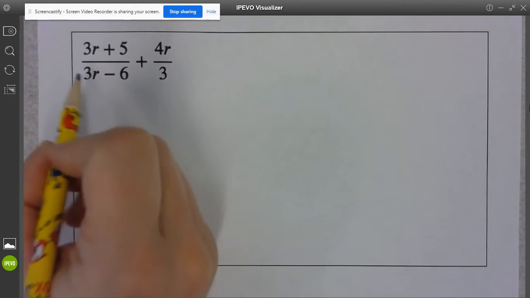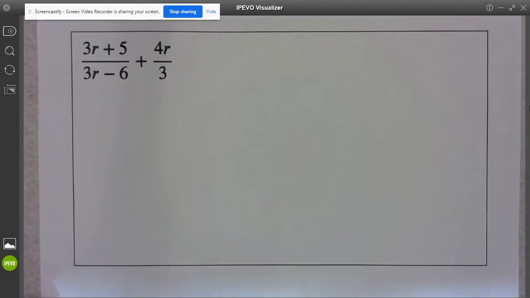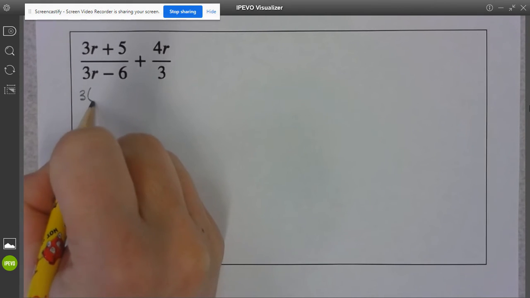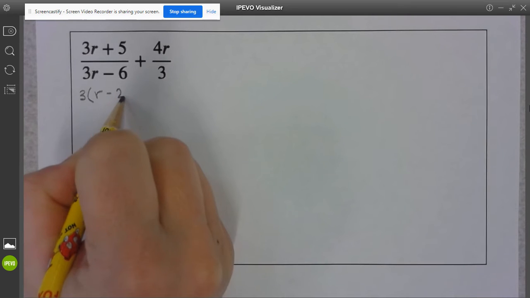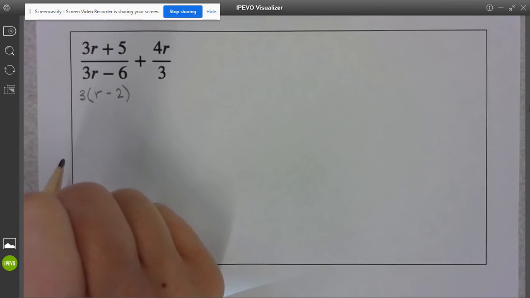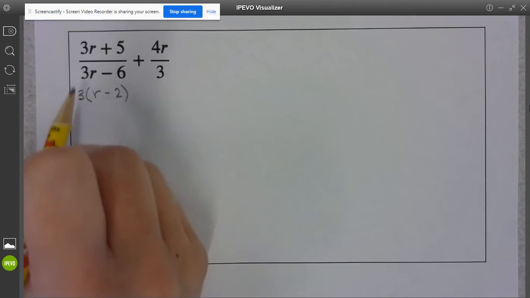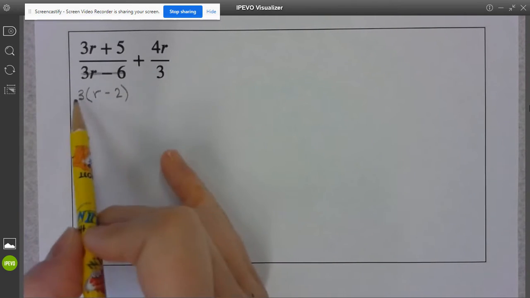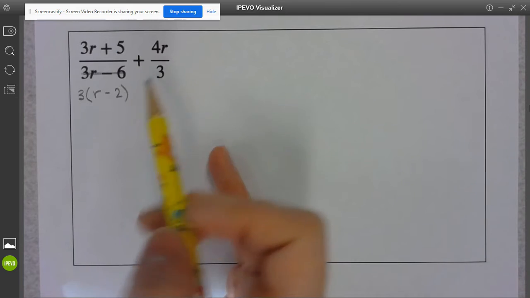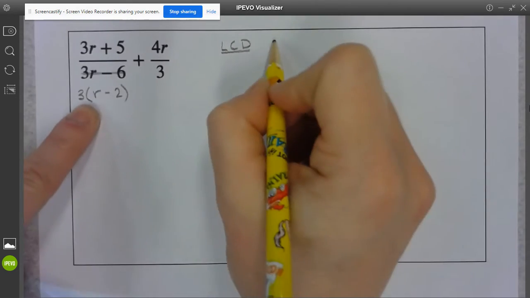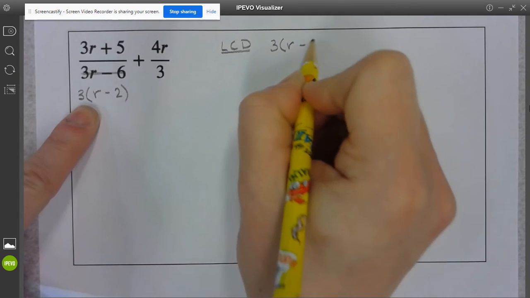So if I look here, I can rewrite this denominator as 3 times r minus 2, because 3 times r gives me 3r, 3 times negative 2 gives me negative 6. So there's this 3, and I'm going to cross this out just so we remember I already factored that. This 3 is actually already in both denominators. So my least common denominator is actually going to be this first denominator on its own.